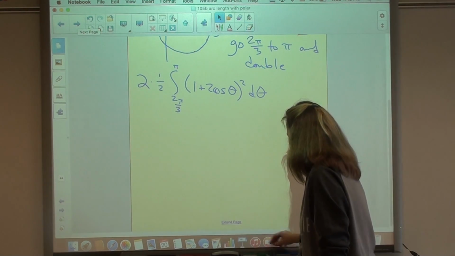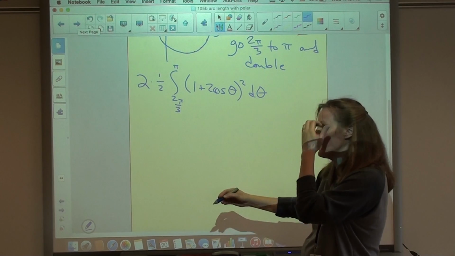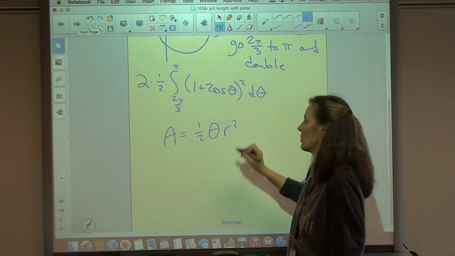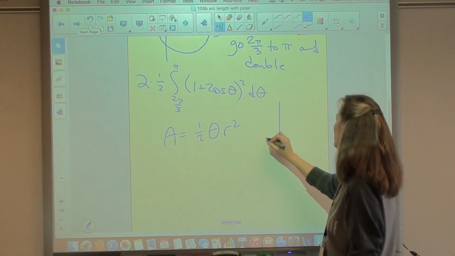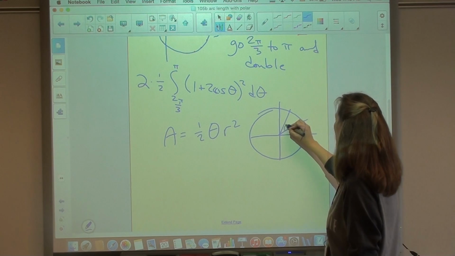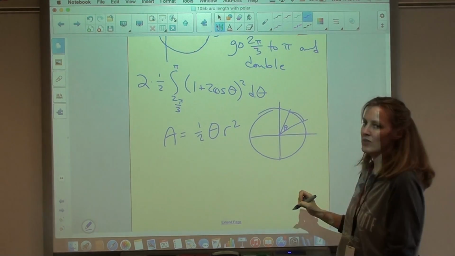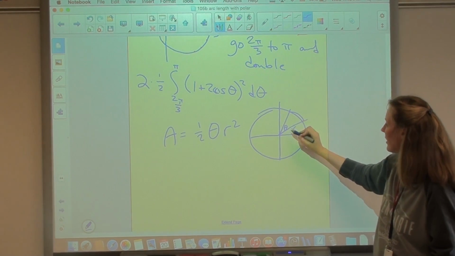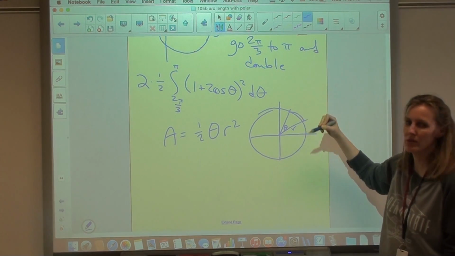All right. So, area of a sector of a circle. We showed you this yesterday, right? 1/2 theta r squared, right? That's for a great big circle. Take out a nice piece of pie, right? Area of the sector. Okay, so theta is just the difference between the angles, right?